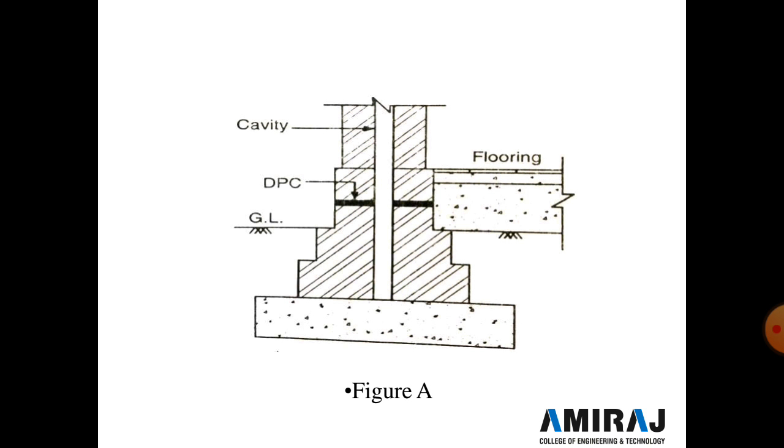In this figure the cavity starts from the bottom, and from the bottom no seepage or water travels inside the cavity because at the bottom we provide the PCC. Clear. And at the bottom we also provide pipes to remove the water.